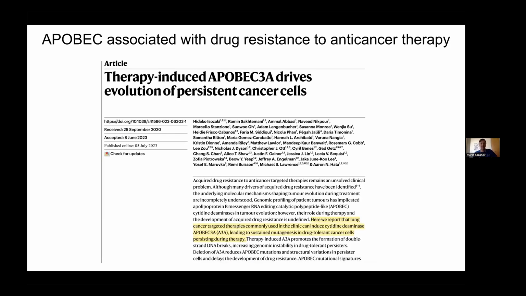And recently, Apobec was associated with drug resistance to anti-cancer therapy. In this paper, the researchers found that therapy with tyrosine kinase inhibitors is associated with the activity of Apobec enzymes, and this Apobec activity allows cancer cells to acquire drug resistance.